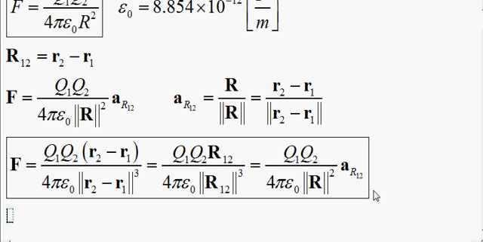You have to pick a point of reference, where you pick one charge you want to examine, and you find the force on that charge from all the other charges. That force is going to be the superposition of all the forces from all the other charges.